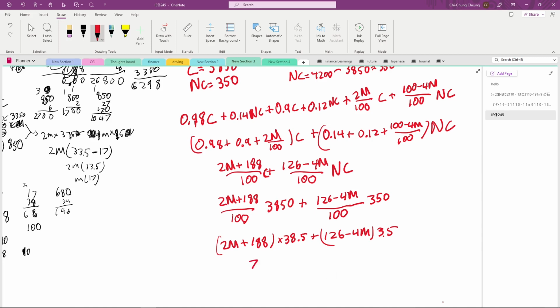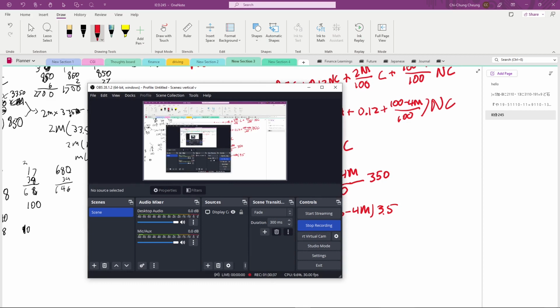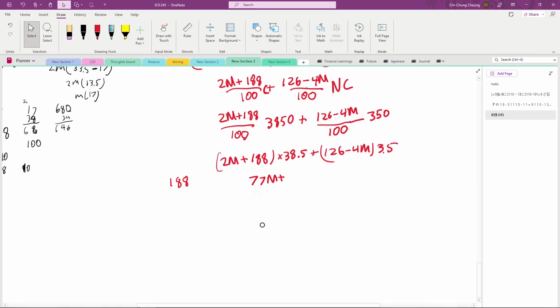77. Is there a faster way? I know. Times 38.5. I'll just remember the 0.5. Okay, it's going to be 8, 4, 6, 4, 2.